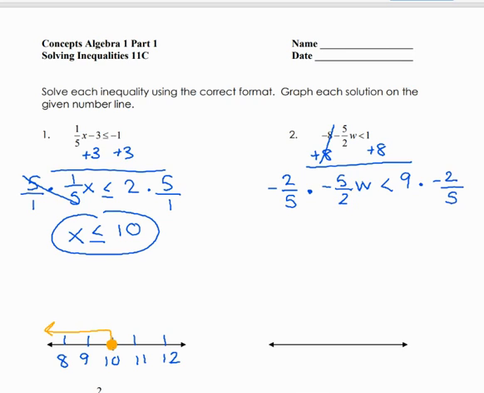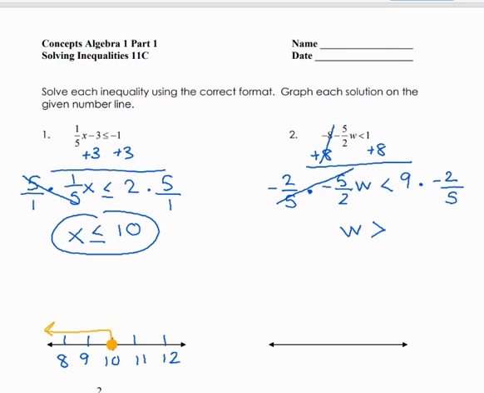So multiplying -2/5 on both sides. That left-hand side, by doing that, cancels. So we just have W. Don't forget we multiplied by a negative, so my symbol flips.